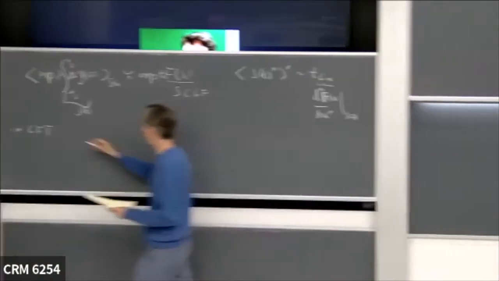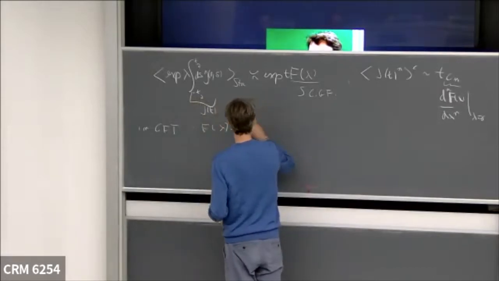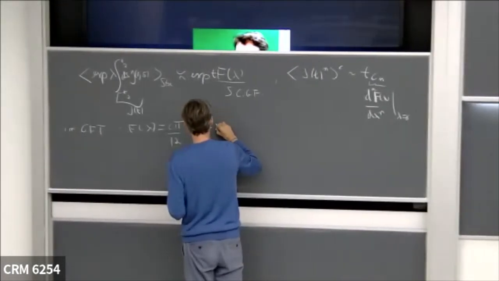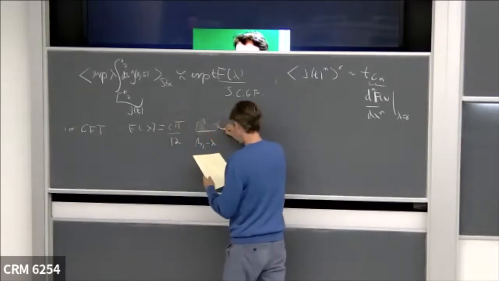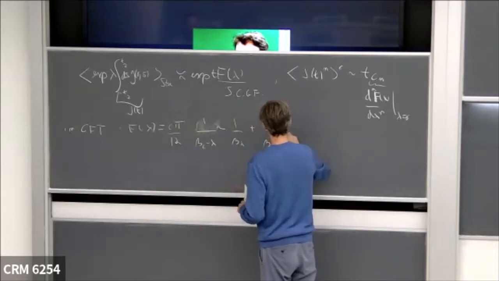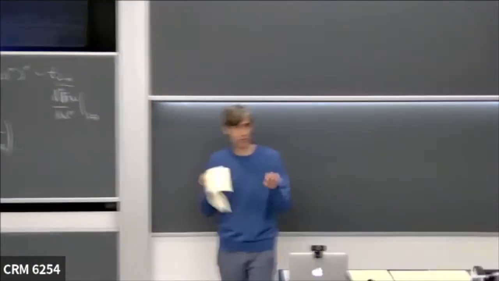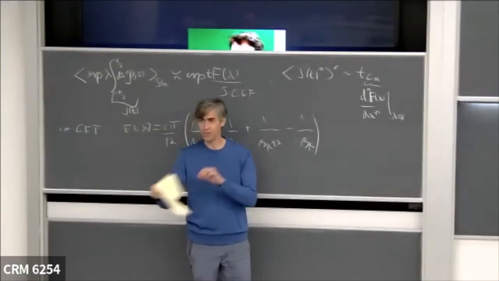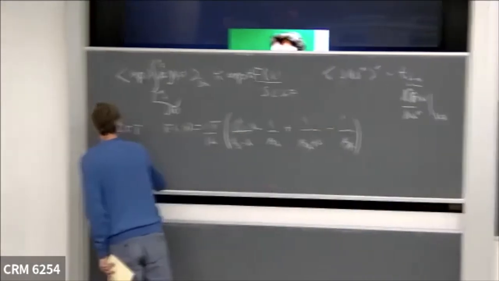The formula says F of lambda is c pi over 12, characterizing the CFT, times 1 over beta left minus lambda, minus 1 over beta left, plus 1 over beta right plus lambda, minus 1 over beta right. It's just a difference of free energies with shifted inverse temperatures. The insertion of that exponential of lambda times the current shifts the inverse temperature.